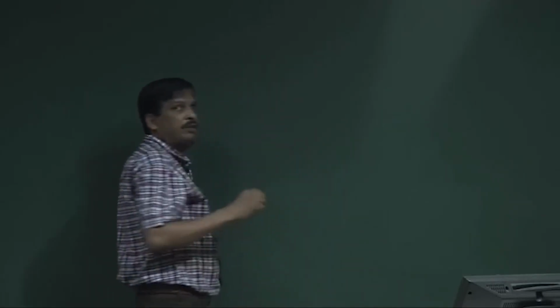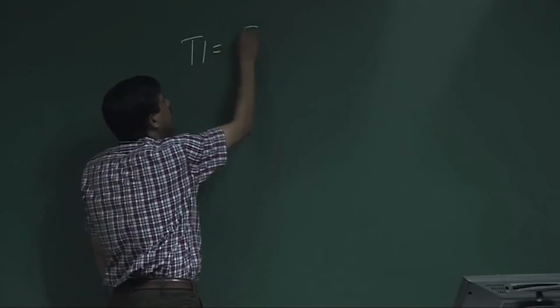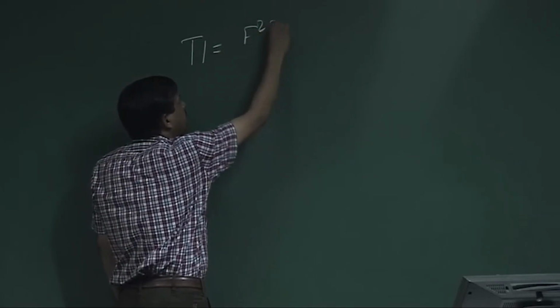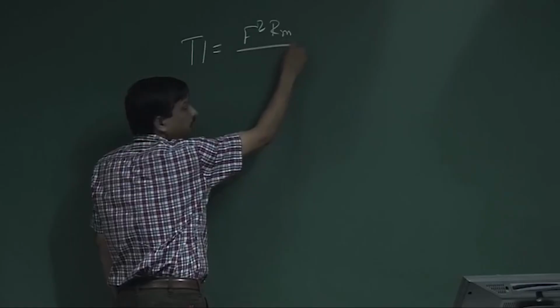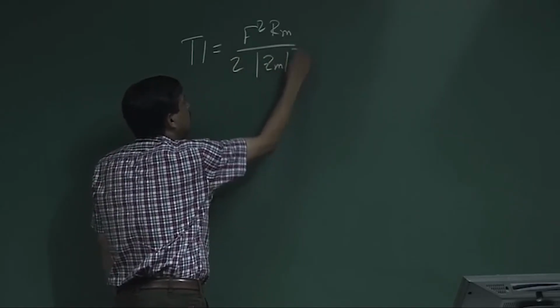Okay. So, good morning. Now, last class we derived the average power for a forced oscillation. That average power is nothing but F square, the applied force, divided by Rm, the mechanical resistance, divided by 2 mod Zm square, where Zm is the mechanical impedance.